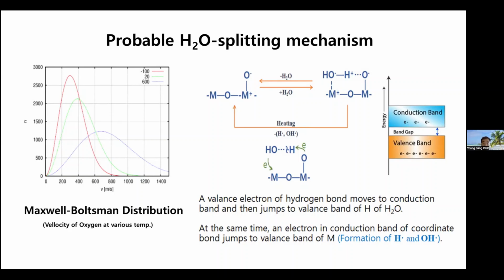This means that when we provide high enough temperature, electrons in the hydrogen bond and coordinate bond can move to the conduction band to become free electrons. That free electron can be exchanged and water splitting can happen.